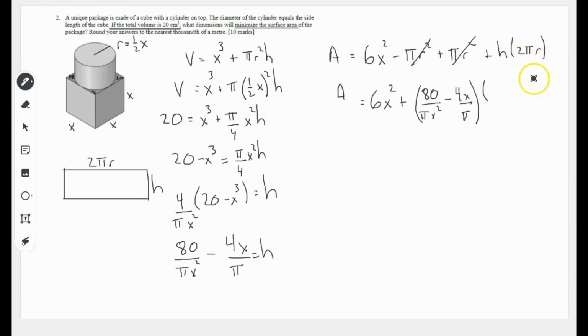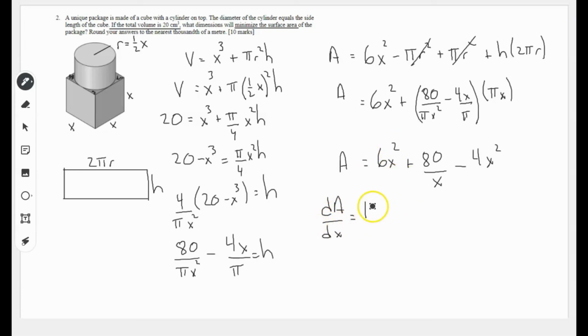So 2 times a half is just 1, and so we're just left with pi x. Okay, so let's take that. I'm going to distribute the pi x. So we have 6x squared plus, that's 80 over x, minus, this will give us 4x squared, and the pi's will cancel. So minus 4x squared.